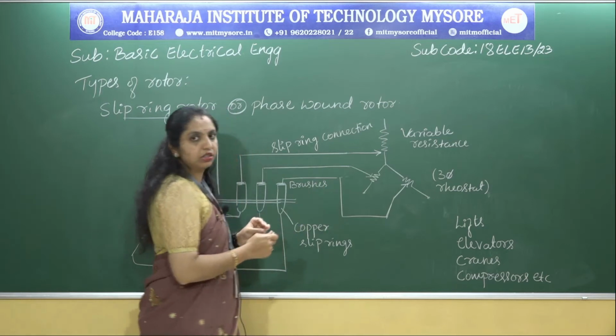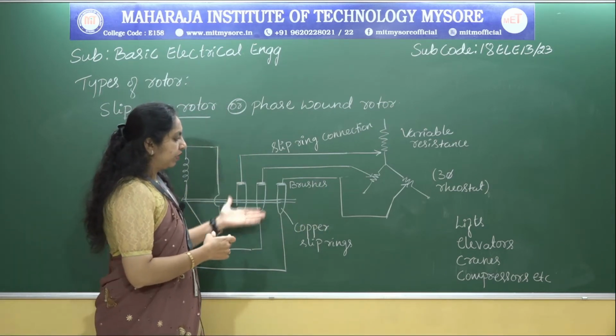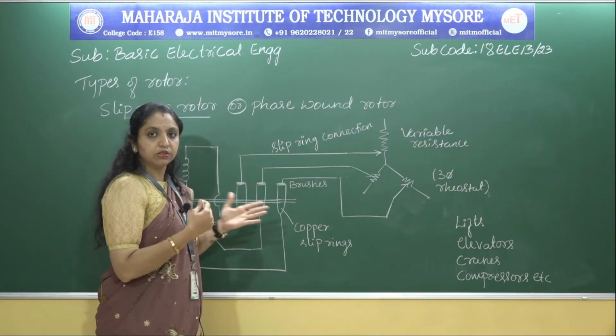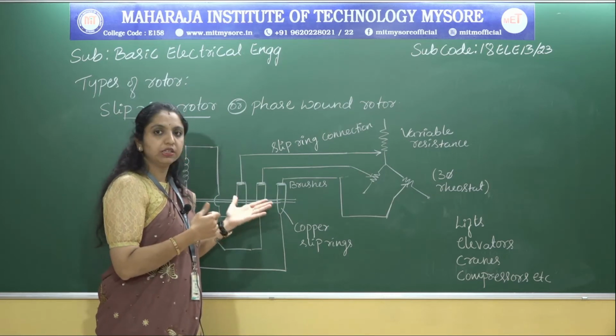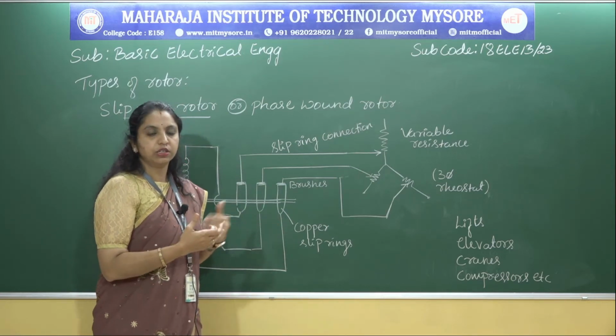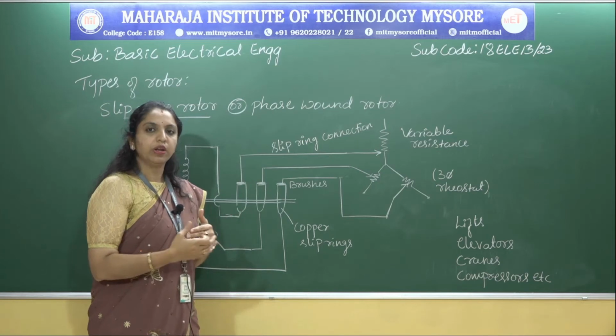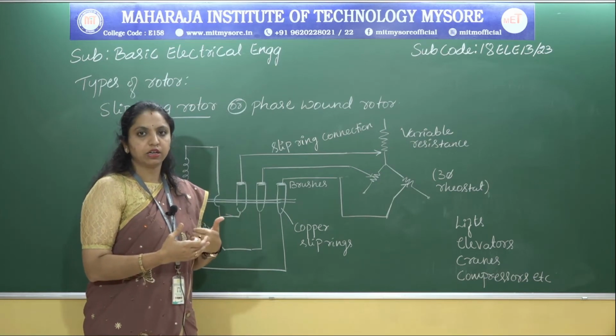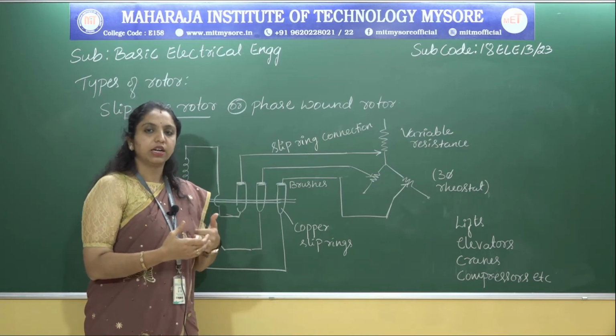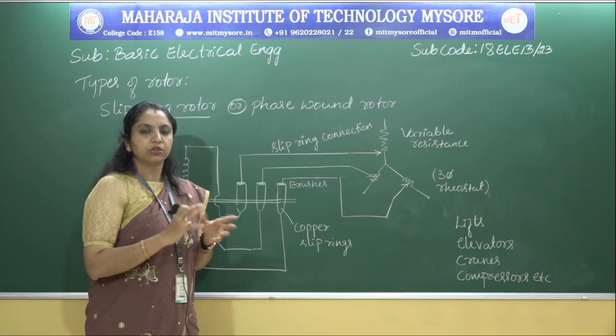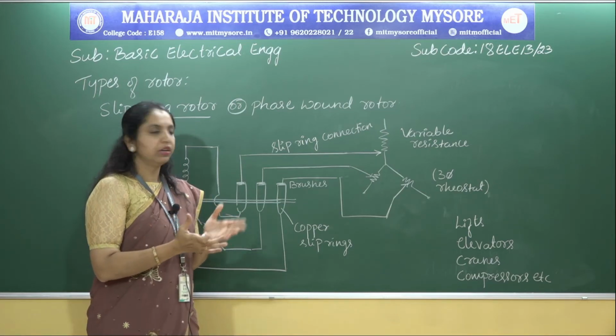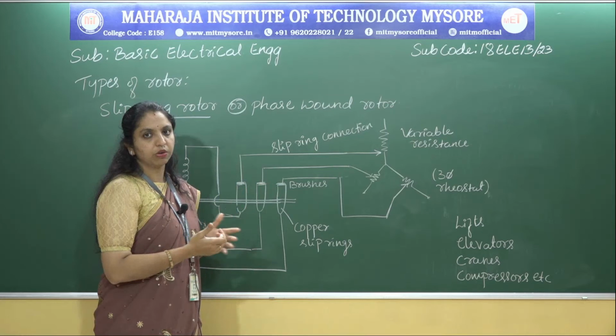Especially this particular circuit is used whenever high starting torque is required, and whenever we want to control the speed, so we go with the slip ring rotor.